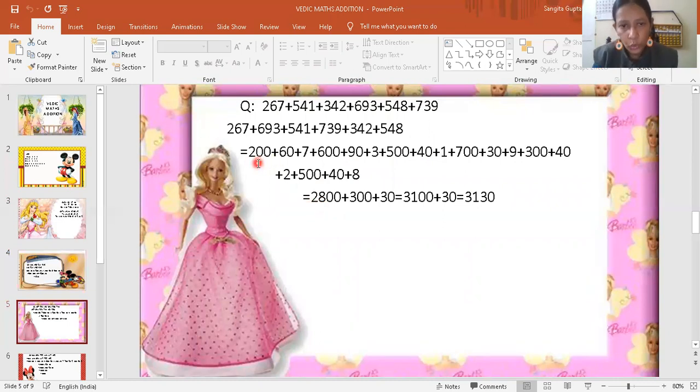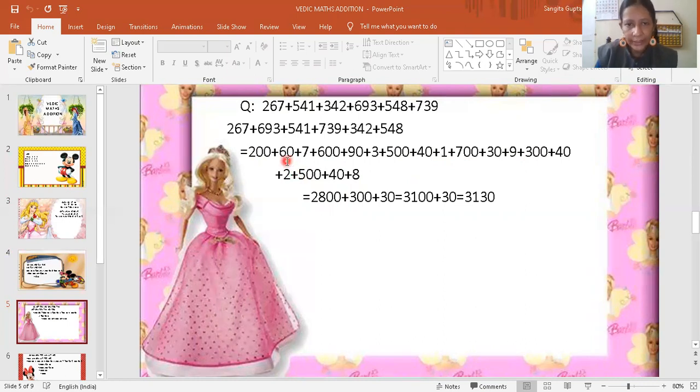You see, 200 plus 600 is 800. 800 plus 500 is 1300. 1300 plus 700 is 2000. 2000 plus 300 is 2300. 2300 plus 500 is 2800. So you will write down here 2800 plus, then you will have to add the tens terms.